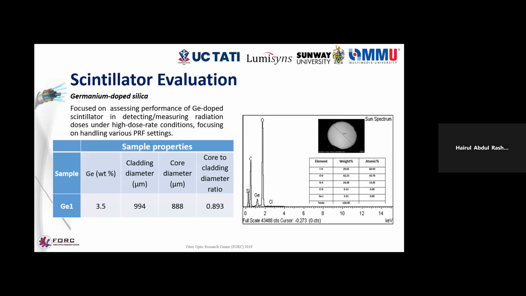To give you a flavor of one of our optical fiber dosimeters, this is a germanium-doped silica dosimeter. It has a 3.5 weight % component of germanium, a cladding size of 900 microns or so, and a core diameter of 800 microns. Just to give you a feel of what this optical fiber is made of.